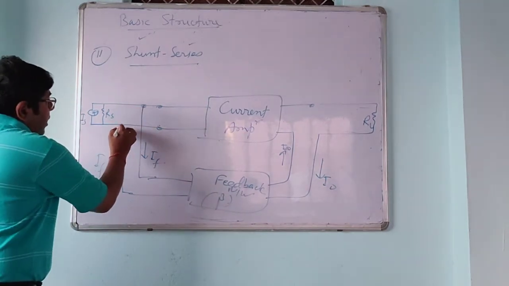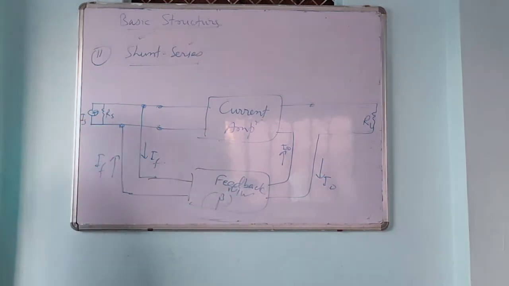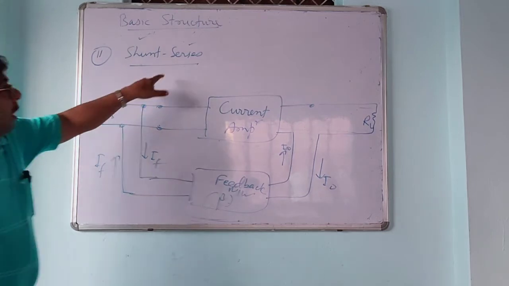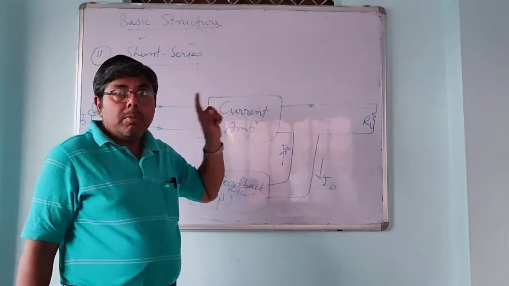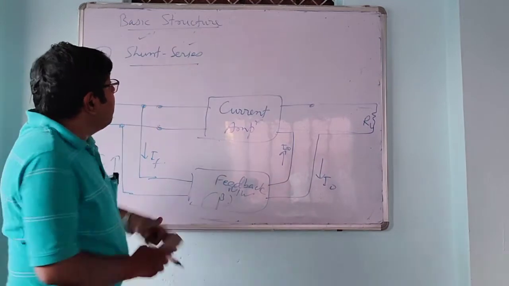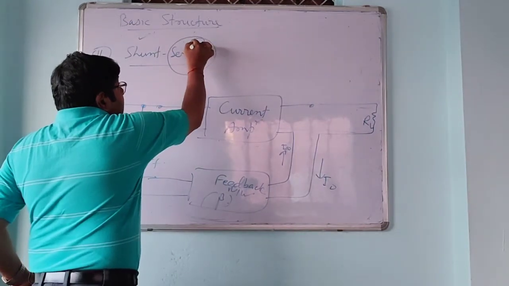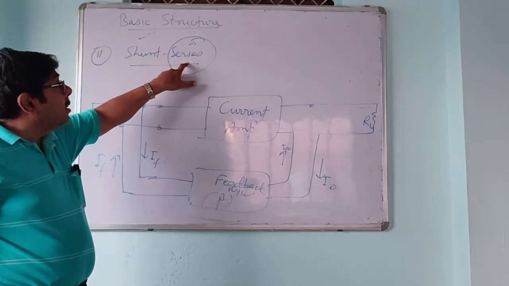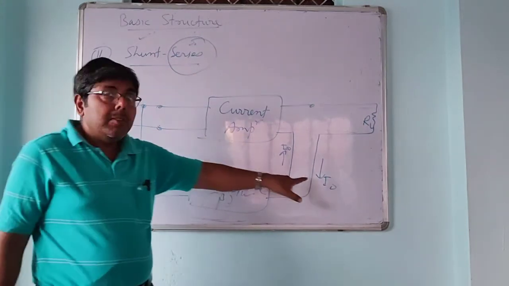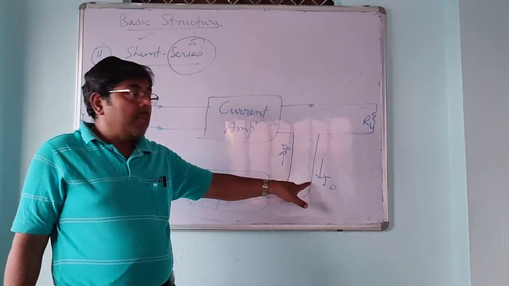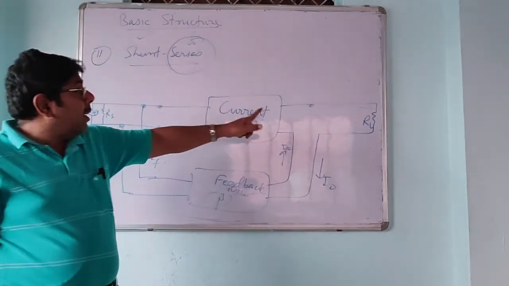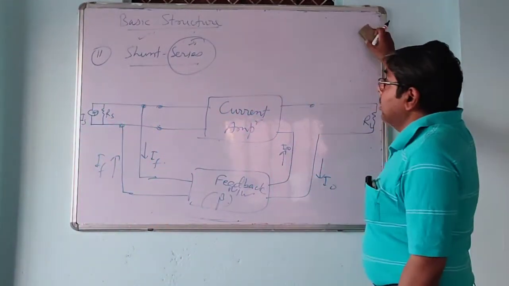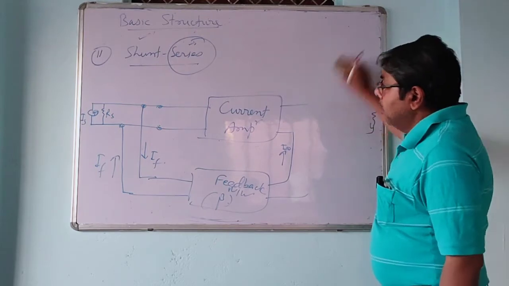Means connection at the input is in shunt. So shunt means parallel connection at the input and series connection at the output. So obviously, if we are using the term series, the second term is for sampling. Sampling in series means current. Output is current. And we can say the basic amplifier is current. So this is the structure for the second one, shunt-series.